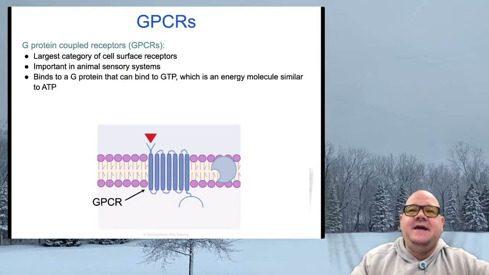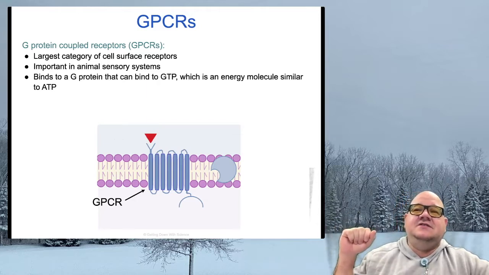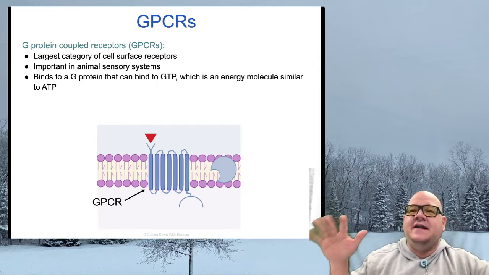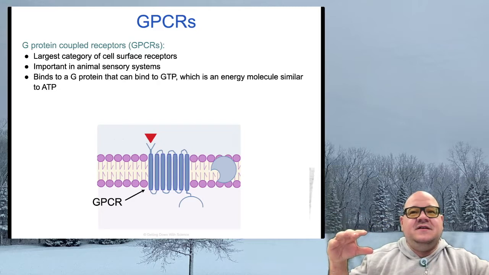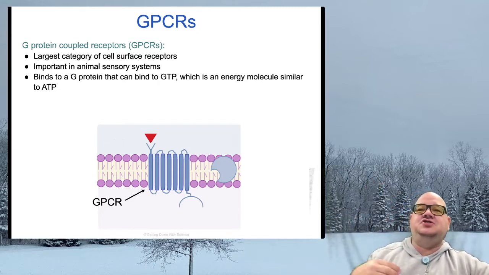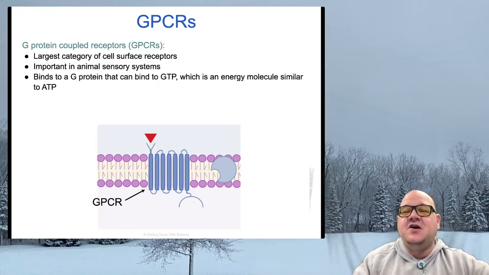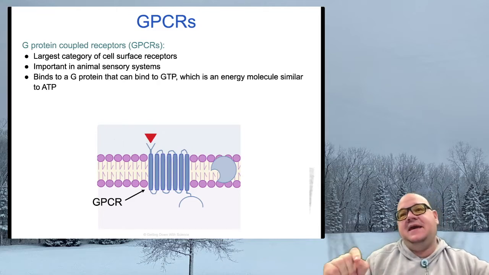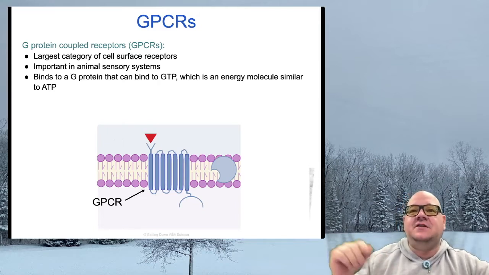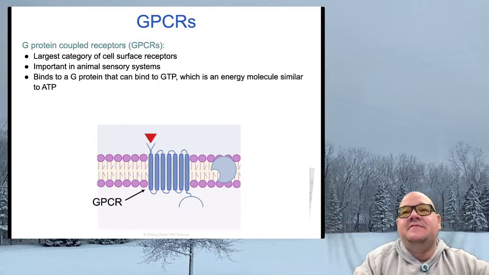So GTP, super similar. It's got the 3 phosphates. So the G, which I can't remember what it stands for right now, is structurally very similar. You've got this little group with 3 phosphates on it. So if there's GTP, there's also GDP, just like there's ADP. Kind of overpronouncing so you can clearly hear me on the video.